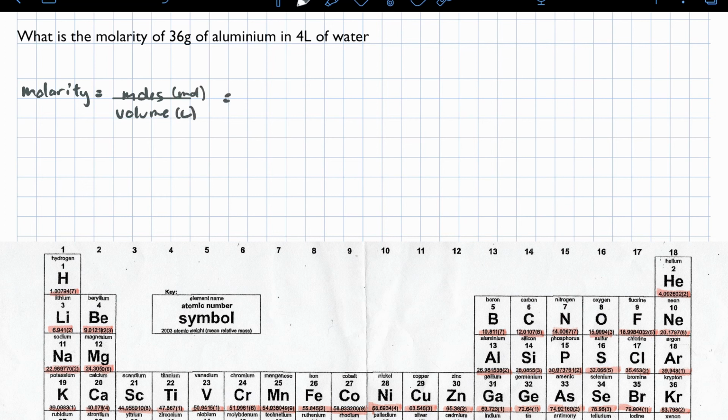So let's just plug everything in. Now, how many moles are in the sample? Well, I guess we have to solve for moles now. Moles is equal to mass in grams over molar mass in grams per mole.